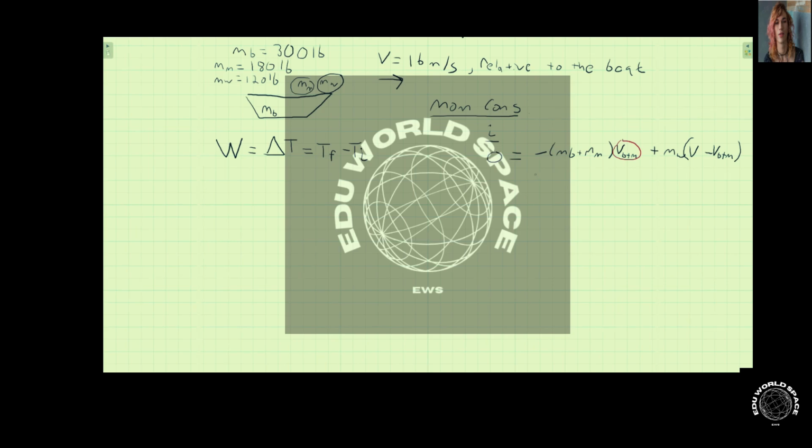So doing some quick algebra here, we see that the velocity of the boat plus the man together is given by the mass of the... Here, let me rewrite this a little bit. My tablet's messing up a tad.